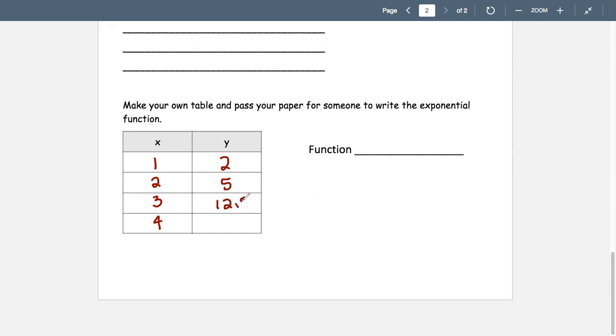Let's say this is like an exit ticket, but not really. It says exit ticket. Oh, that's funny. I think it's an exit ticket.